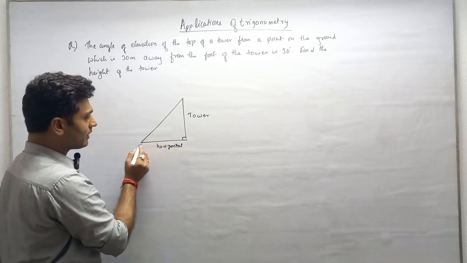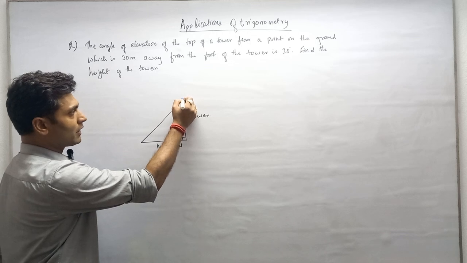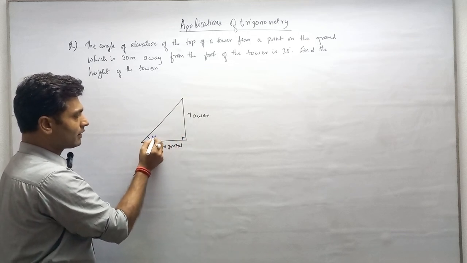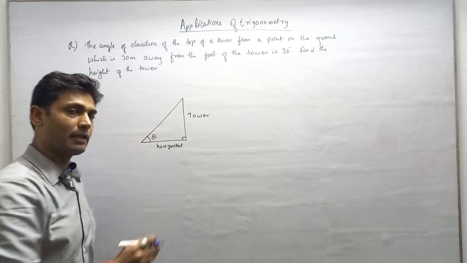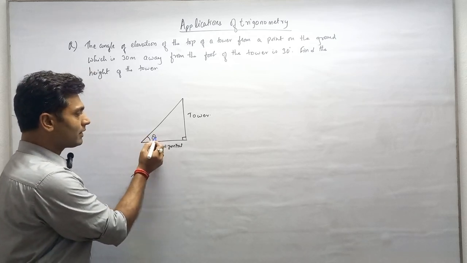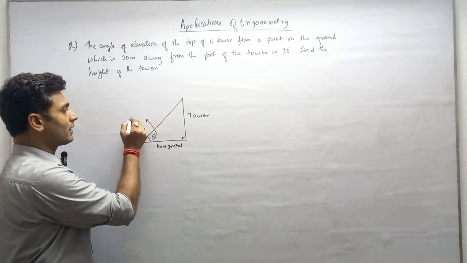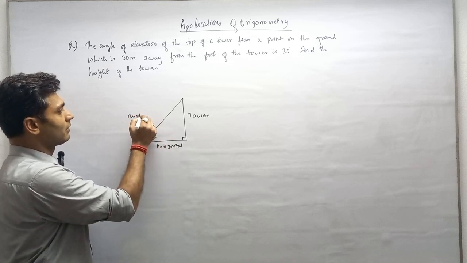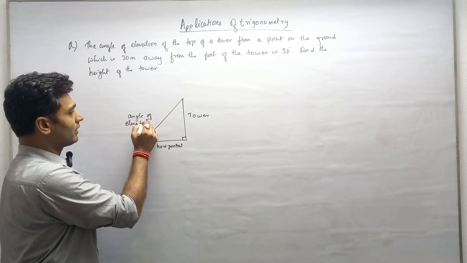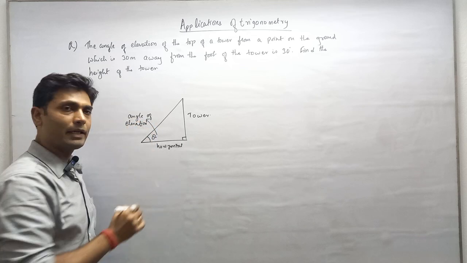So when the top of the tower is being observed from this point, an angle is made. I have marked this angle as theta. This angle we call the angle of elevation.